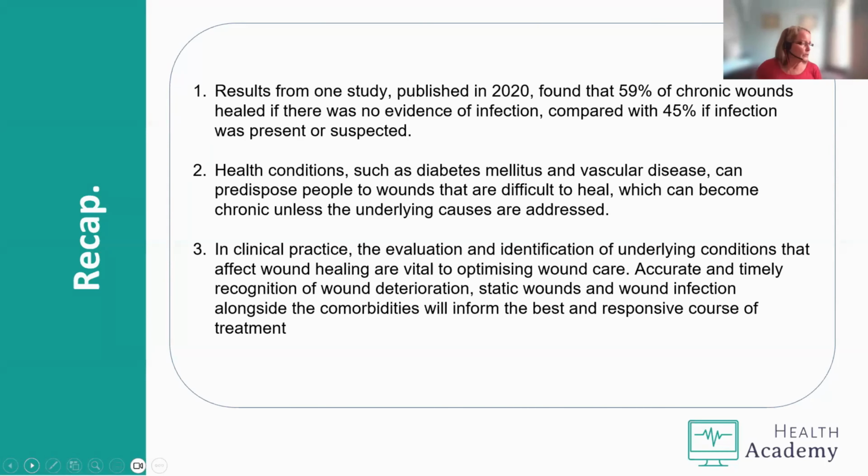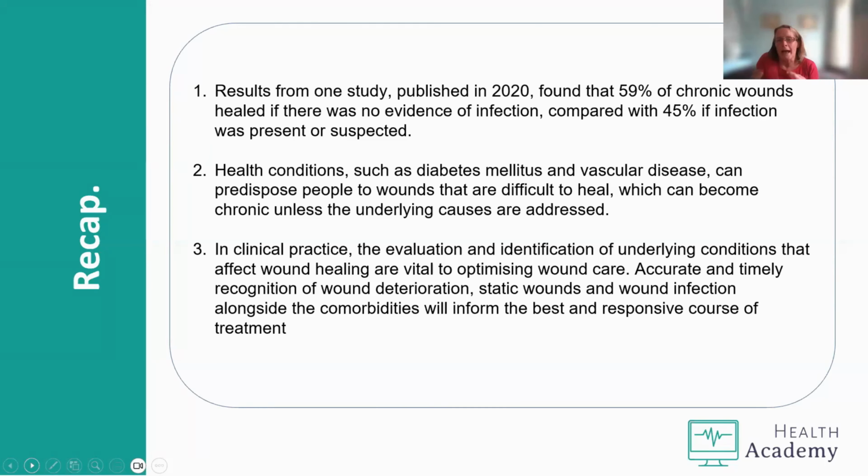And just to round it all off, 59% of chronic wounds healed if there was no evidence of infection. So there is data out there to say that if we manage chronic wounds well, other than those deemed never likely to heal, if they have no evidence of infection, about 60% of them will heal eventually, compared with the 45% that healed if an infection was present or suspected.